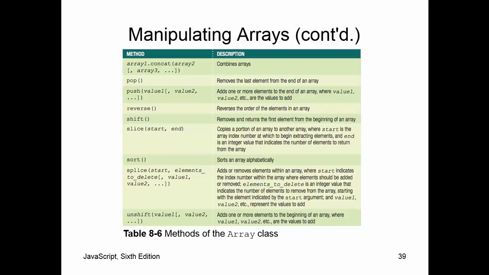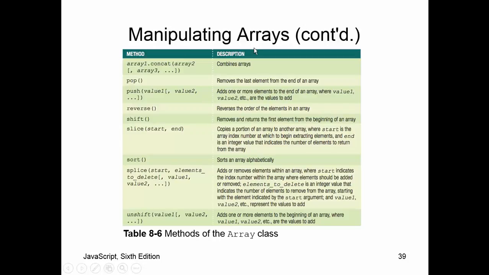What you see on the screen right here starts on page 577 and goes on to page 578. These are some, not all, but some of the major methods that you can use with the array class. You can use pop, which removes the last element from the end of the array.